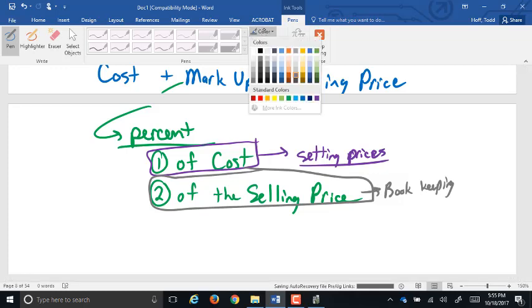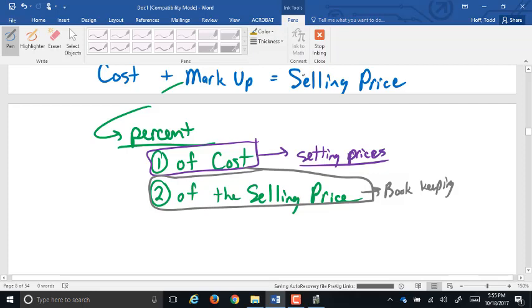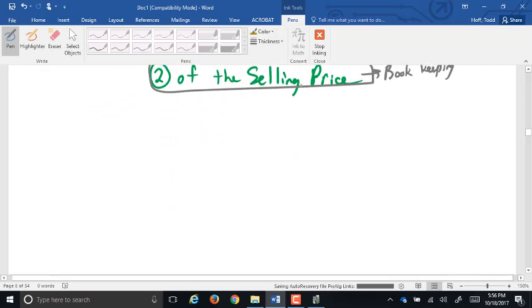Because if you know that your markup, sometimes referred to as a margin, is a certain percentage of what things sell for, all you have to do at the end of the month is look at your cash register totals and calculate a percentage, and you get a good estimate of what your total markup was for that period of time. So both of those are important.